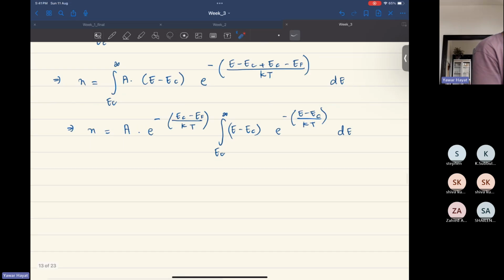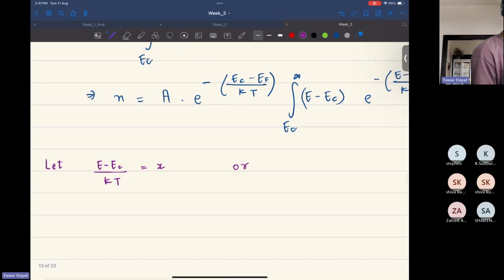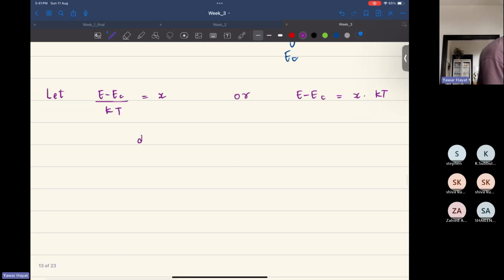So then I'll make two substitutions. Firstly, I let E minus EC by KT be x, which will actually give me that E minus EC is x times KT, right? So what is your dE? Your dE is dx times KT, right?